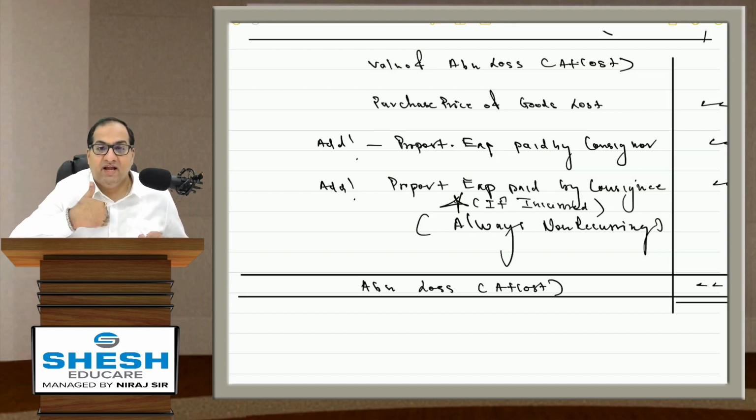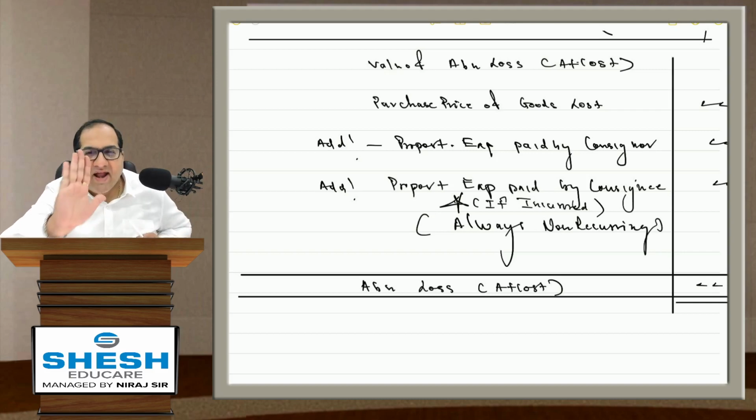I, as a consignee, may pay non-recurring expenses for taking the delivery of the goods and carrying it to the place of sales. Let us say 100 TV sets were dispatched by consignor to consignee. 5 TV sets were robbed. So consignee took the delivery only of 95 TV sets.